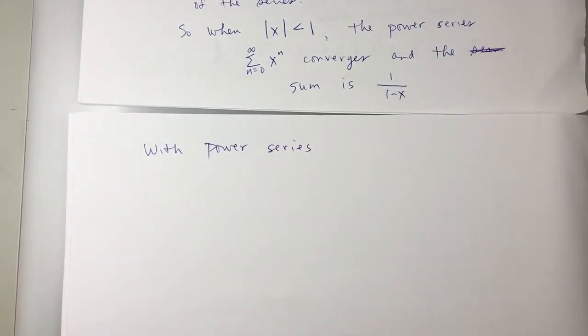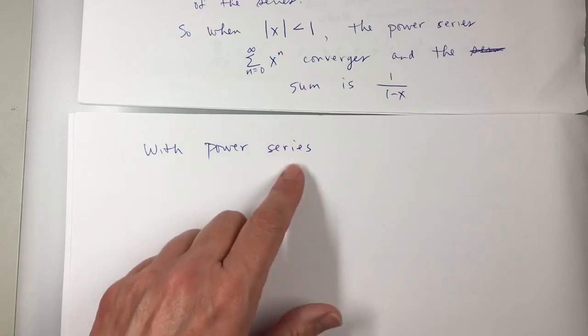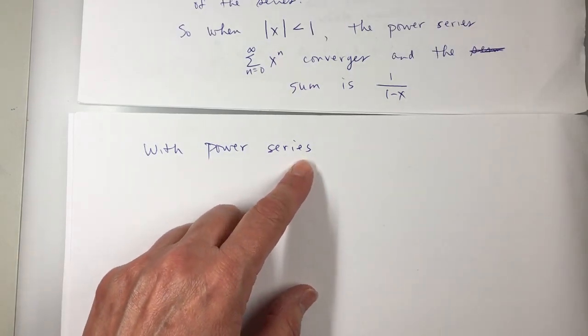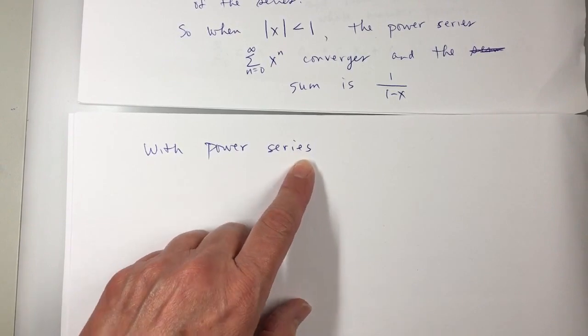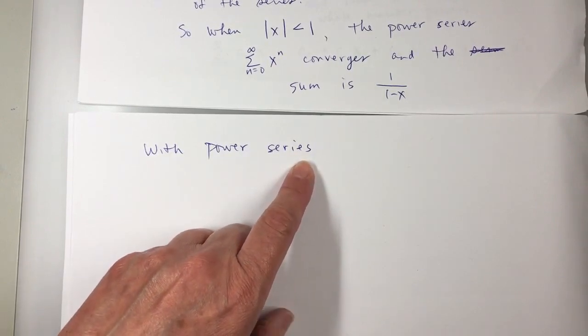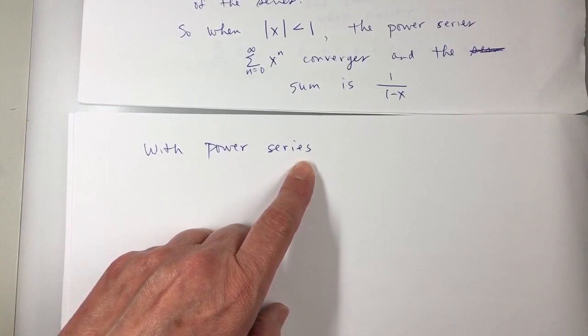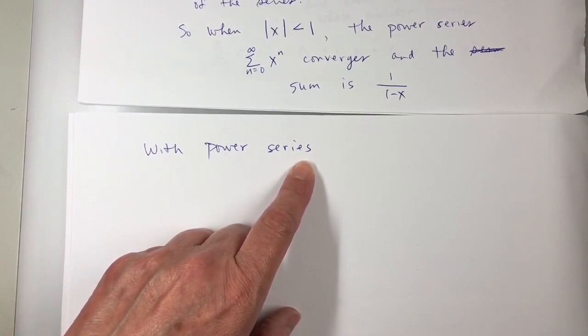In the previous part of the chapter, you were given a power series: does it converge or diverge, support your answer. Now, thinking about the three sections together, like in section 11.10, you might be given a function and asked to find the power series. And in 11.9 you'll be asked to do that.